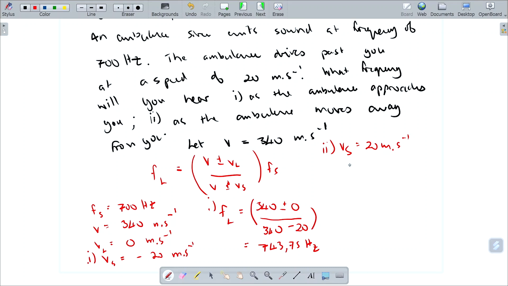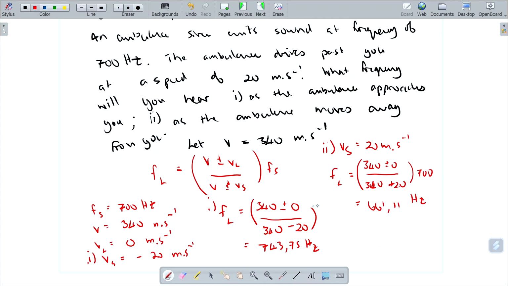For the second case, we do the same thing. What is the frequency that you are going to hear when the siren moves away from you? You're still stationary, so it's still the speed of sound plus or minus 0. Now it's going to be 340 plus 20, times 700, and that will give us a frequency of 661.11 Hertz.